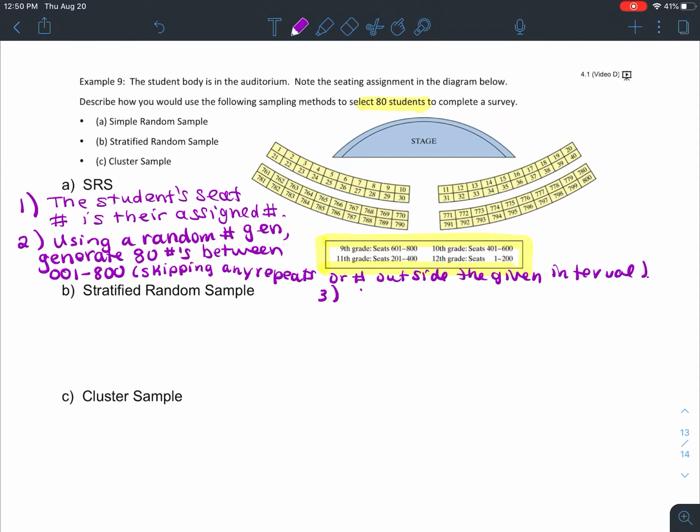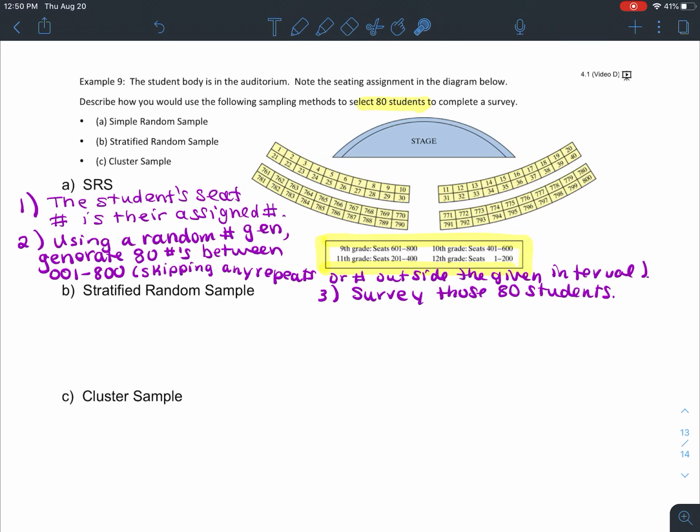And then lastly, step 3 is I should then survey those 80 students. This is a simple random sample because it meets the 2 criteria. The first is that every single individual had an equal chance of being selected.